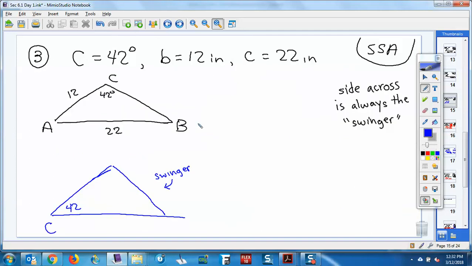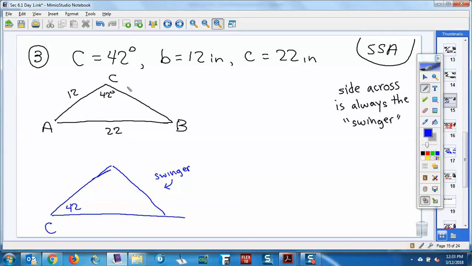Okay, let's go back to this one then. Here's what I would do if I had this scenario. Sometimes they draw the triangle for you. Most of the time, I'm just going to give you these numbers so you can draw it wherever you want. But if they had already drawn this one like this, I would probably redraw it.